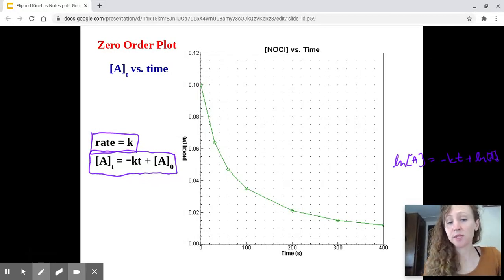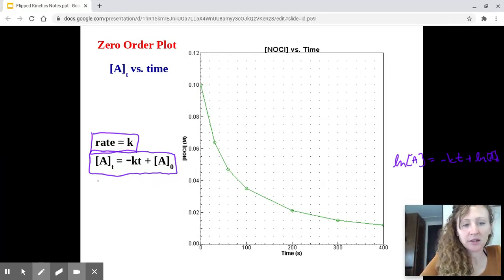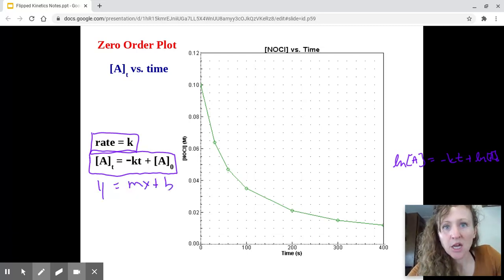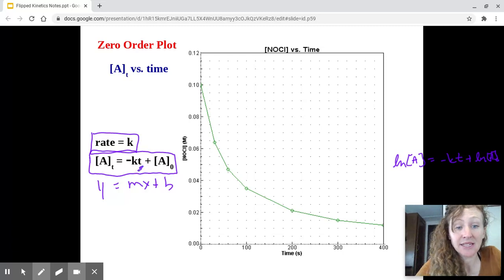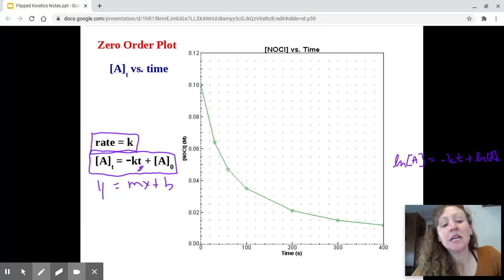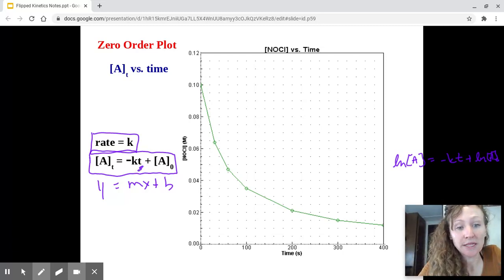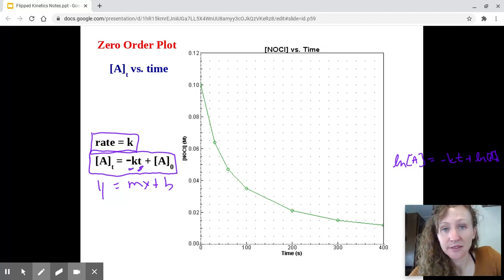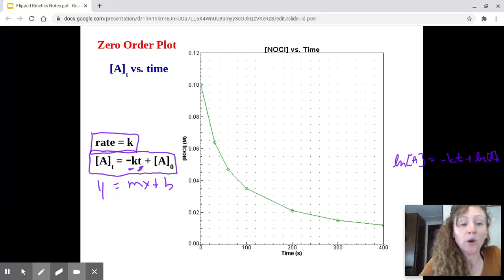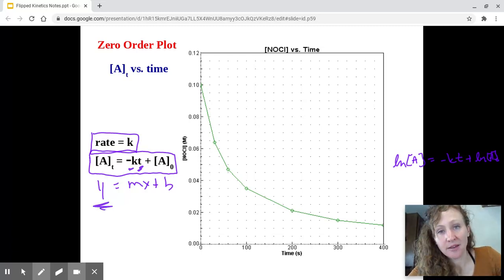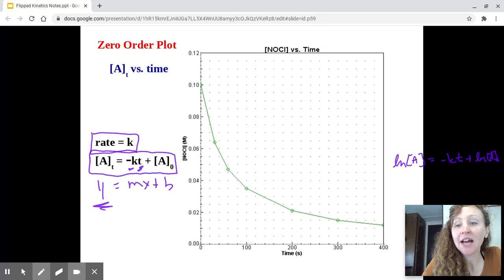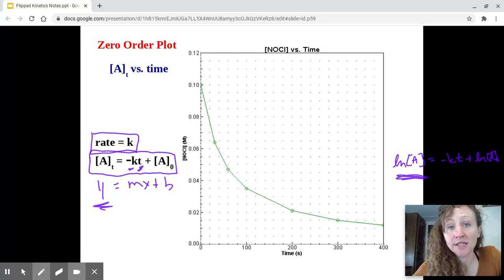So they do have some similarities. Notice again, it's in the y equals mx plus b form. Notice again that x is time. Notice again that the slope is negative k. So far, fairly consistent. However, your y is not the same. Instead of being a natural log of your concentration, your y for a zero order plot is actually just concentration.